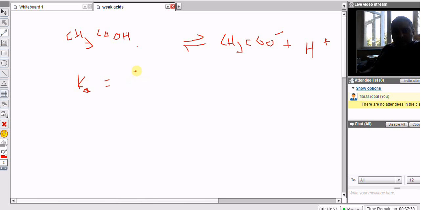I've got to write very neatly because I've got the most disgusting handwriting. CH3COO minus. These are the products. This is what it dissociates into. And so you've got ethanoate ions. I've really struggled not to say chloride ions. And these are protons or hydrogen ions.